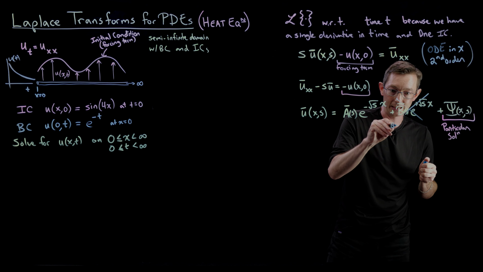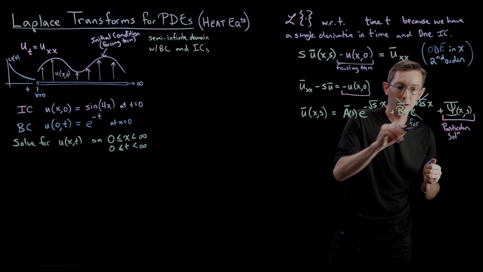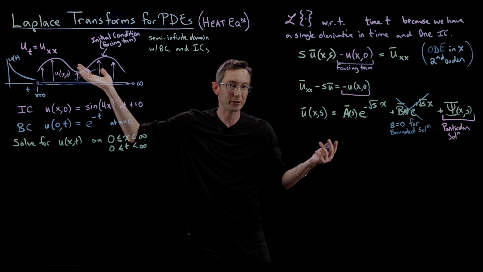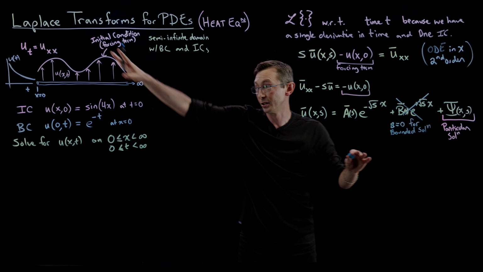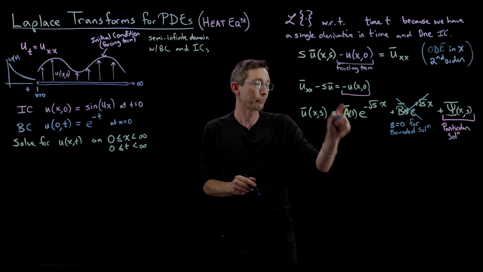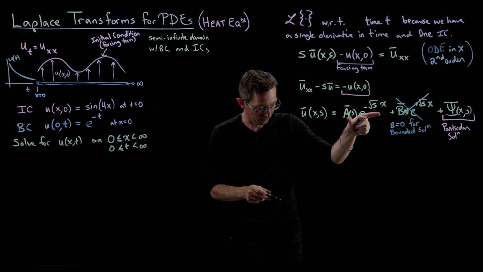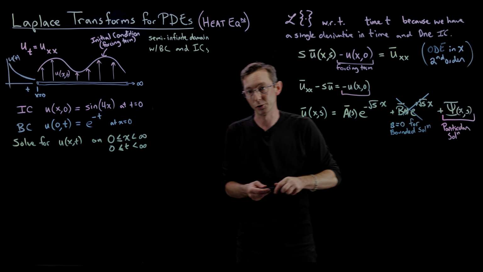This b has to equal 0 for what we call a bounded solution, which is kind of another boundary condition, if you think about it: we want our solution to be bounded as x goes to infinity. So this is the only term we have for the homogeneous solution, plus this particular solution.